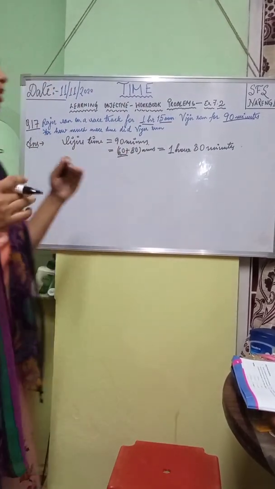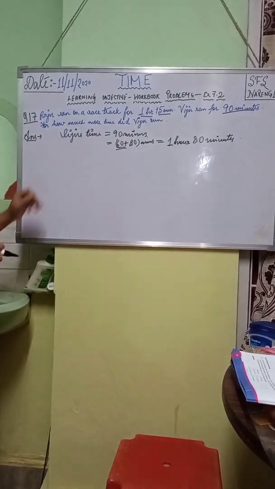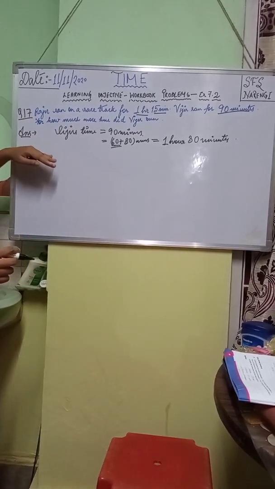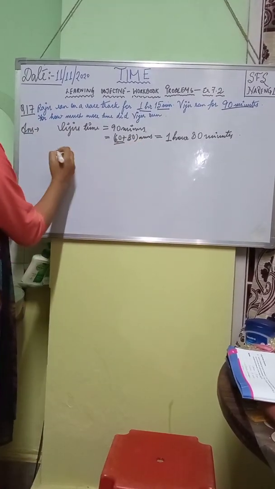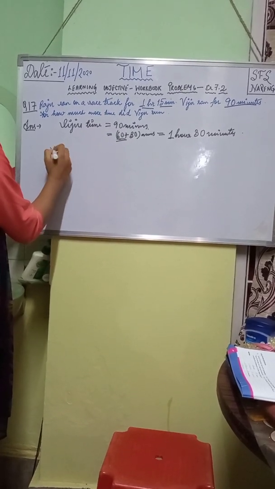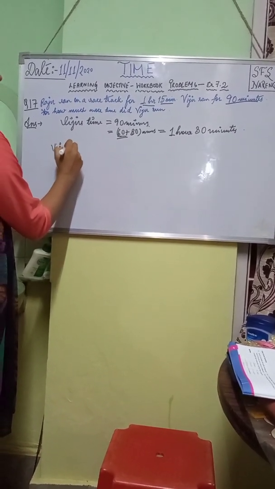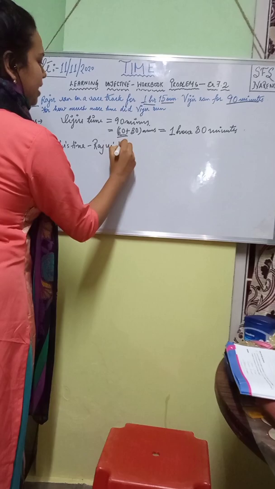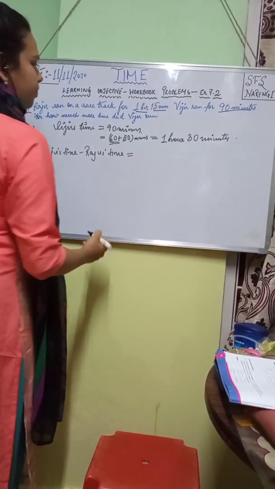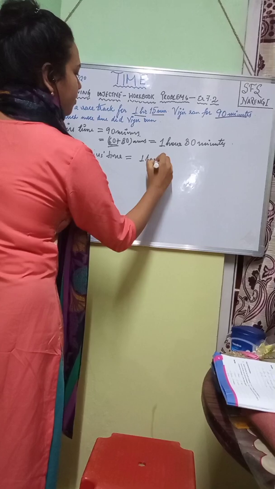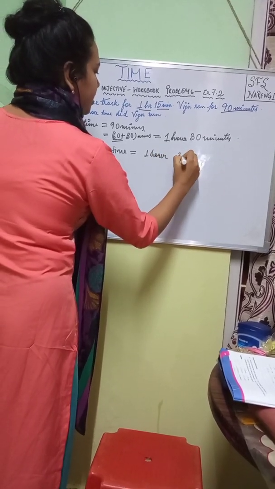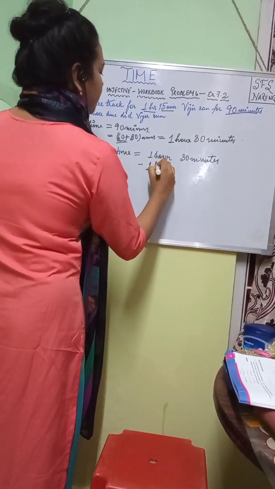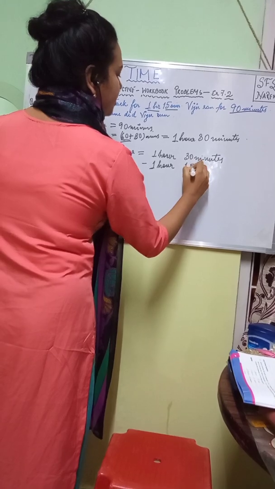Now to find how much more time Viju ran, how will you do it? You will subtract Raju's time from Viju's time. So we can write that Viju's time minus Raju's time is equal to 1 hour 30 minutes minus 1 hour and 15 minutes.